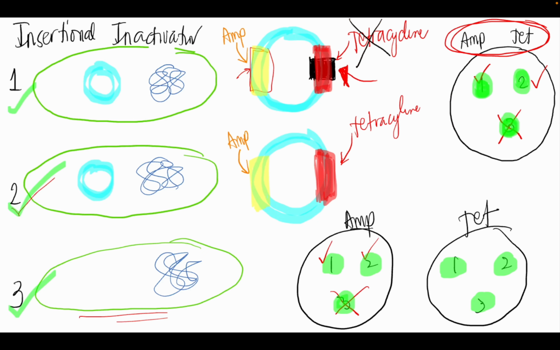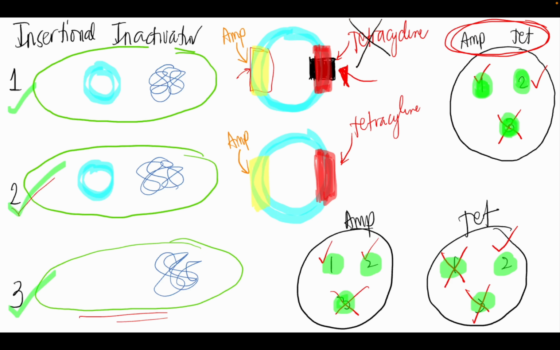Will bacterium number 1 grow in tetracycline agar because the gene for tetracycline resistance is inactivated? Of course, this one will not grow. How about bacterium number 2? It will grow, and bacterium number 3, it will not grow.